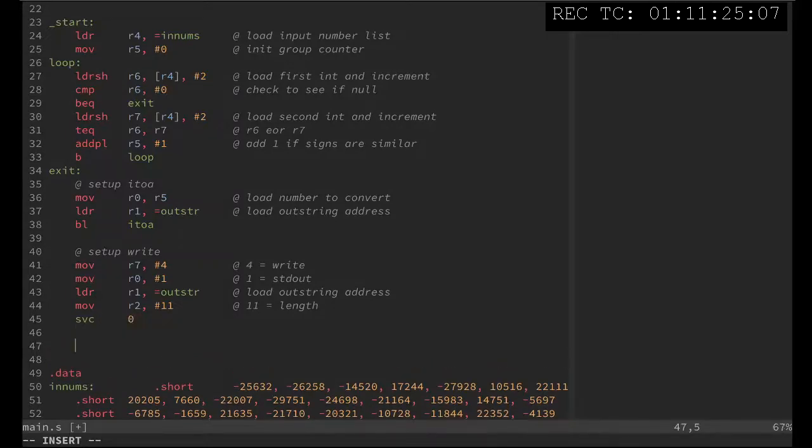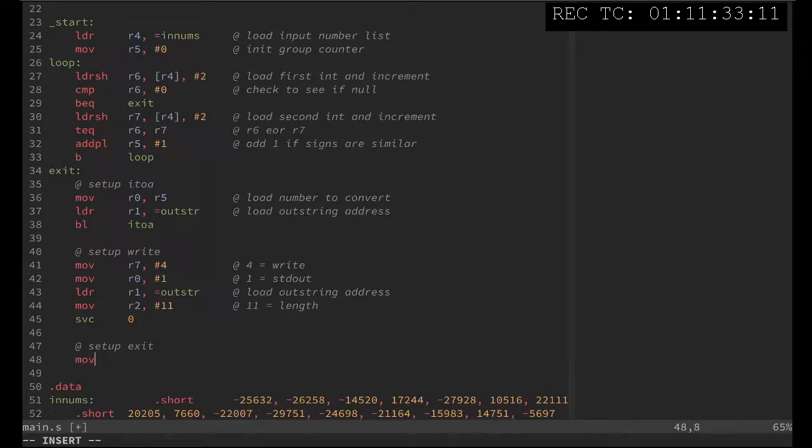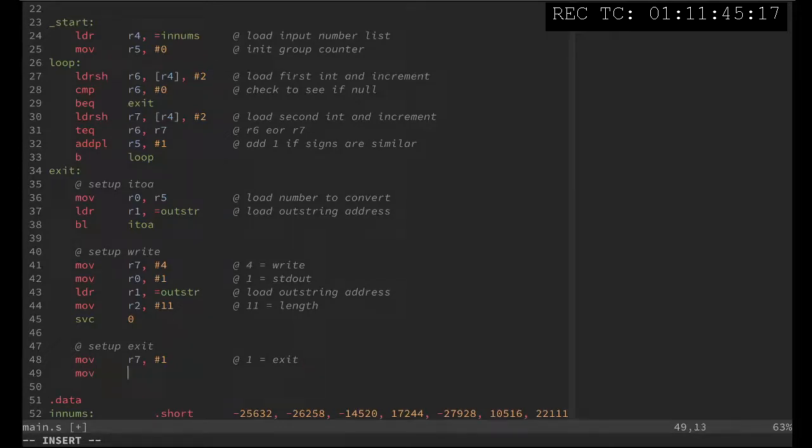And then all we need to do after that is exit the program. Oh, exit is 1, not 0. And then the only parameter that we need is the error code, and we'll put that in R0.